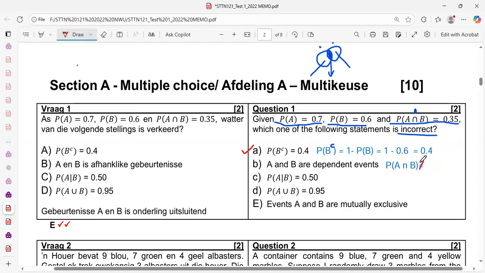They are not equal to the probability of A multiplied by the probability of B. Let me just put this, probability of B.